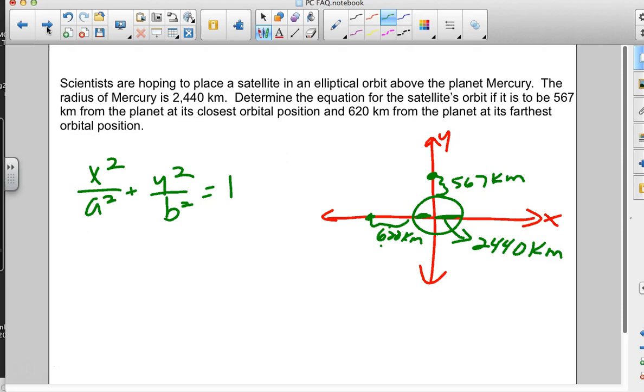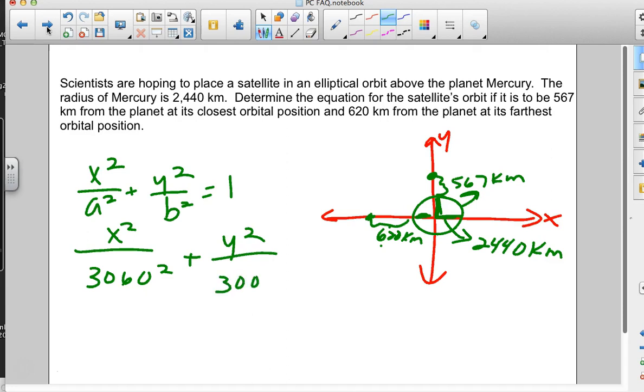So we're just going to use 2,440 to approximate that, plus 620, which is going to give me 3,060 squared. And our b value, well, 2,440 plus 567. And that is 3,007.